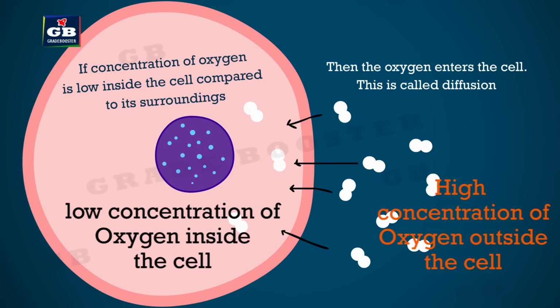Here we can see the concentration of oxygen outside the cell is high compared to its concentration inside the cell. So, the oxygen molecules enter the cell through the plasma membrane. This process is called diffusion.